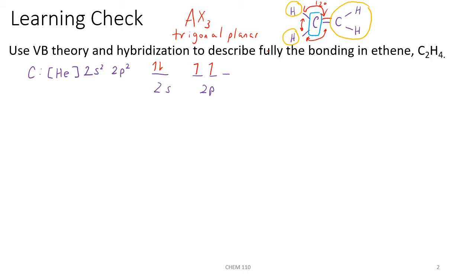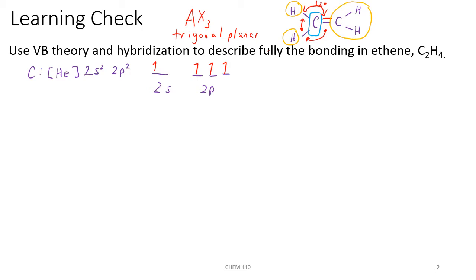And so since carbon needs to form 3 bonds or 3 domains around it, we're going to have 3 equal energy hybrid orbitals. So first we can imagine taking one of our electrons from the 2s and promoting it up to the 2p. And when we hybridize, we're going to have to put 3 atomic orbitals into our mix in order to get out 3 new hybrid orbitals.